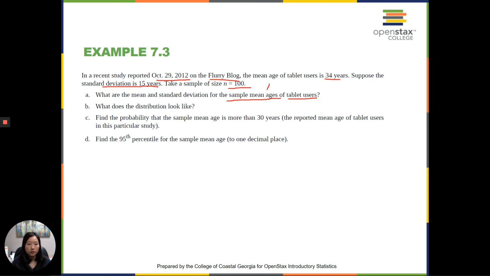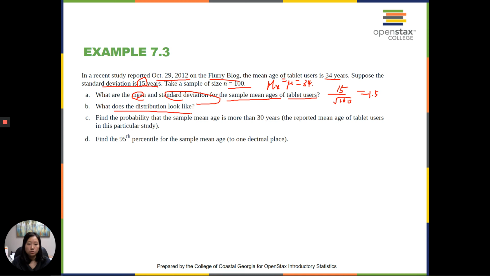So that mu x is equal to this mu, that 34. The standard deviation is equal to 15 years divided by the square root of 100, which is 1.5 years.